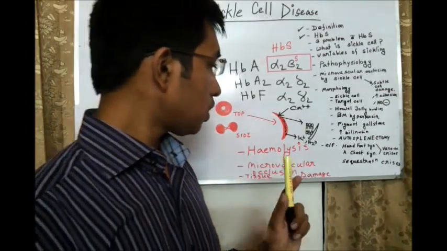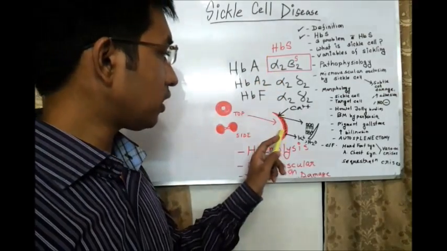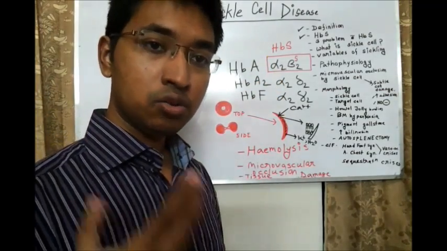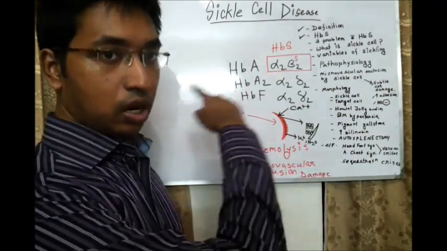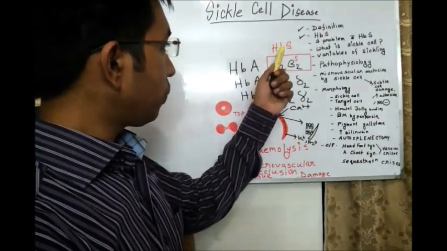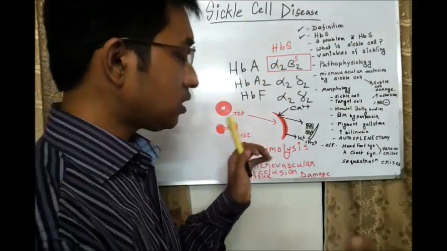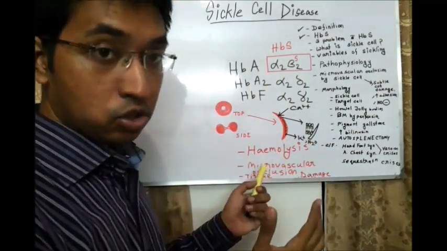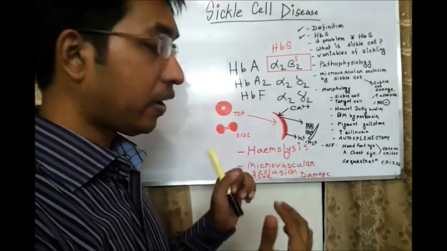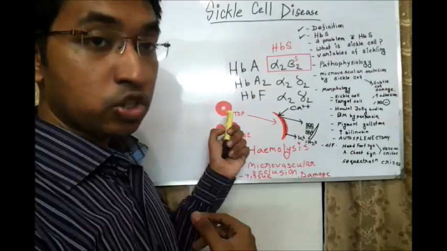Okay, now always remember, it's not like this that hemoglobin S is formed and they become rigid in one chance. It takes a lot of cycles, you know. They are hemoglobin S inside RBC, so those RBCs are getting sickled, and then when those RBCs are going back to oxygen rich area, they are again reverting to this circular shape.